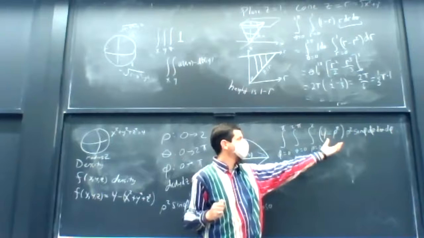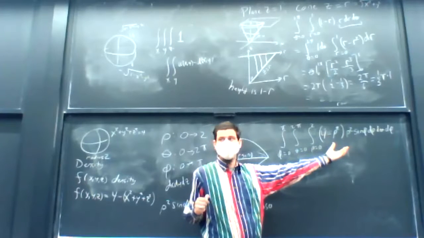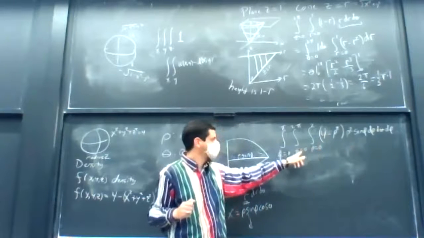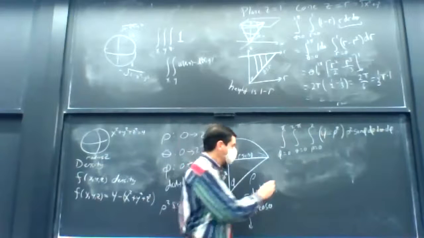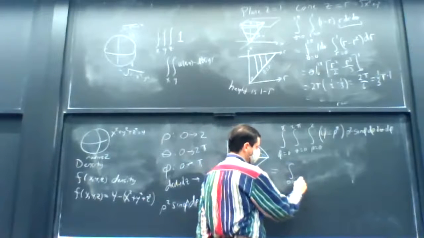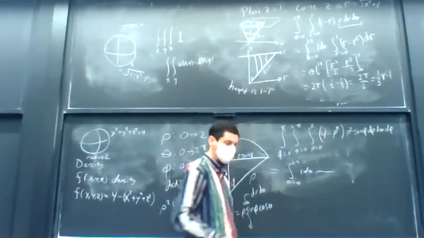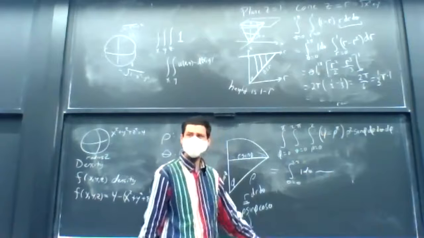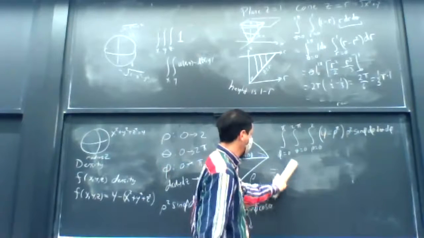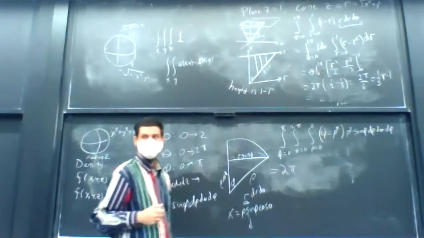So what is the theta integral going to give you? 2 pi. It's just 1 integrated from 0 to 2 pi. So as you start to become more comfortable, rather than writing the integral of 1 d theta from 0 to 2 pi with all this other stuff, you can just say the theta integration gives me a 2 pi. If you're not comfortable doing that, by all means, take the extra step.